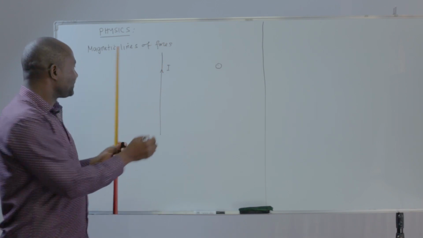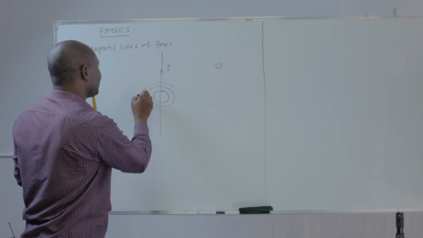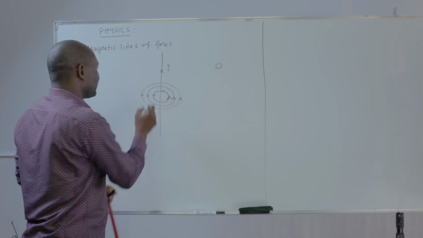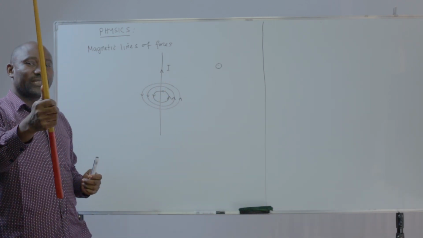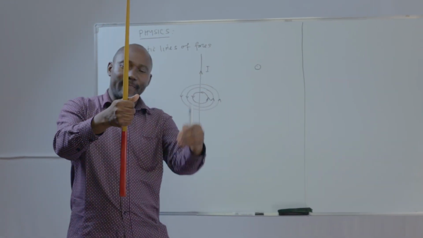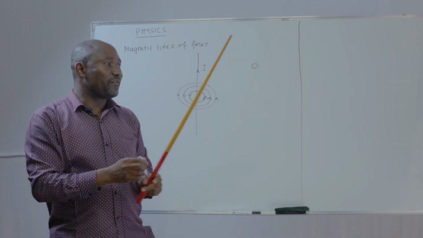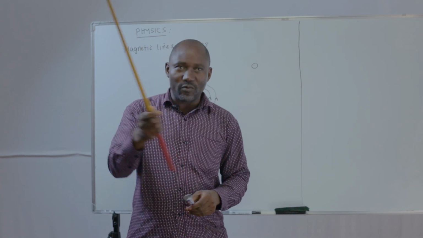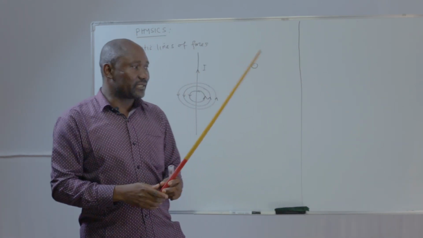And that's how the magnetic lines of force will be flowing around the wire. This is the use of the Fleming's right-hand grip rule. Sometimes it is given the name screw rule. You can use a screw, or you can use the current-carrying conductor.